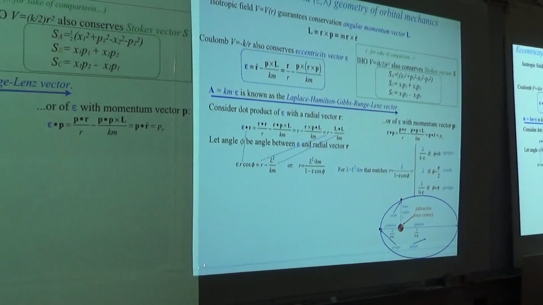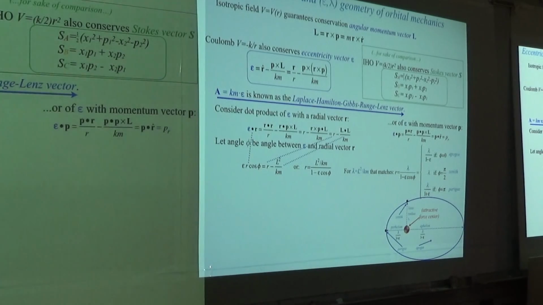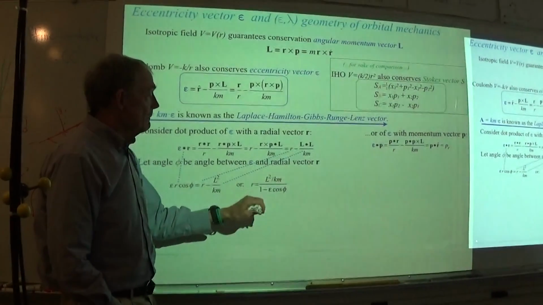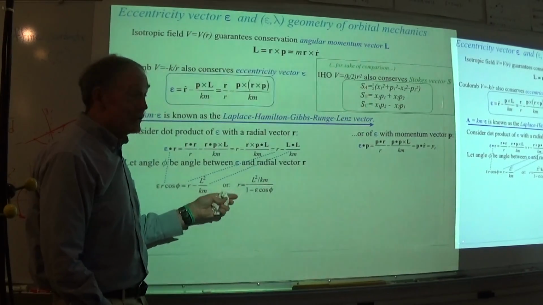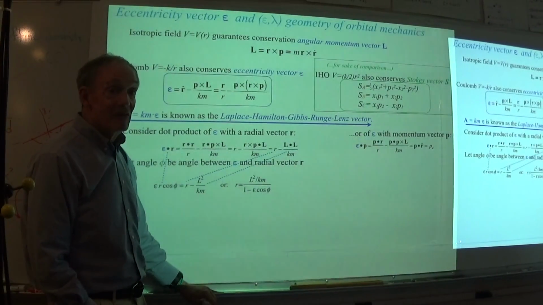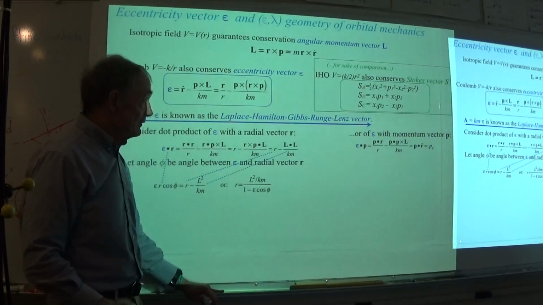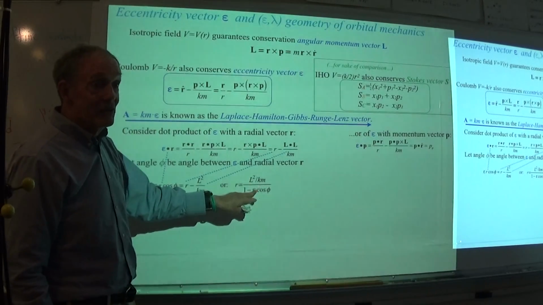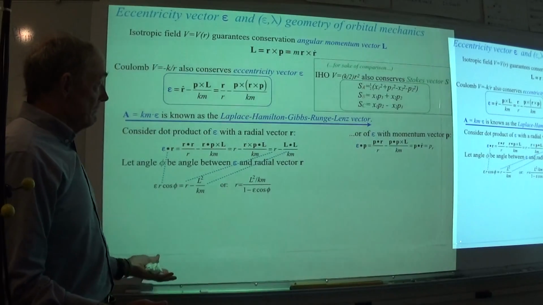Just writing the dot product of epsilon with r and letting the algebra adjust a little bit, I can get you r equal L squared over km divided by 1 minus epsilon cosine. Sound familiar? That's the equation of a general conic. Remember the one that we used as the epsilon, okay? So that's why I call this the epsilon vector. It is the epsilon that is the eccentricity in the general conic. Jackpot.